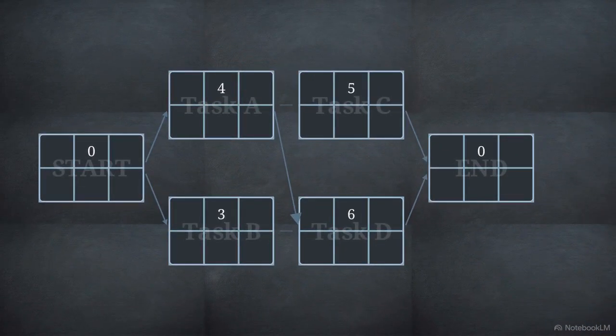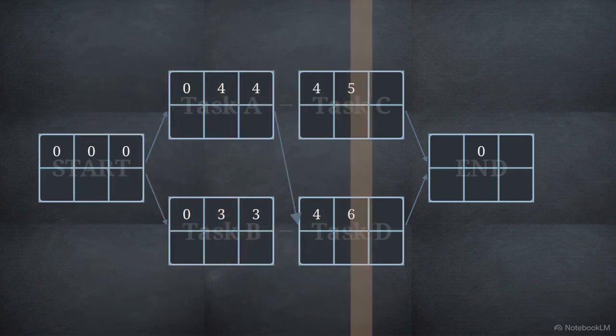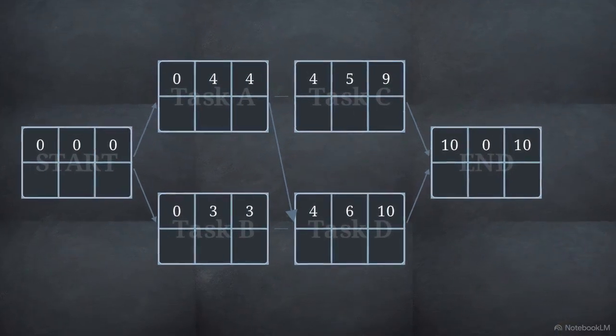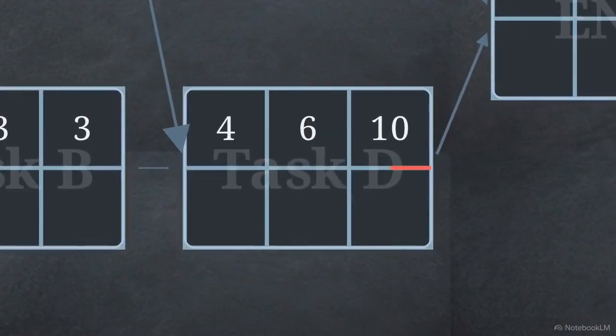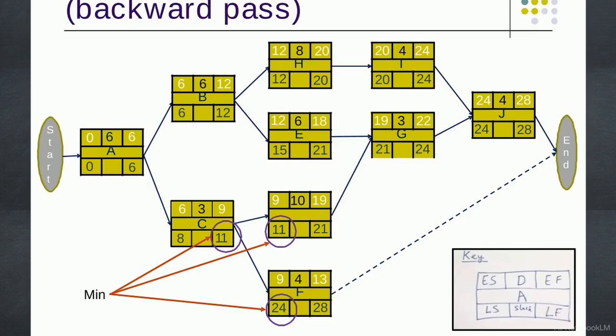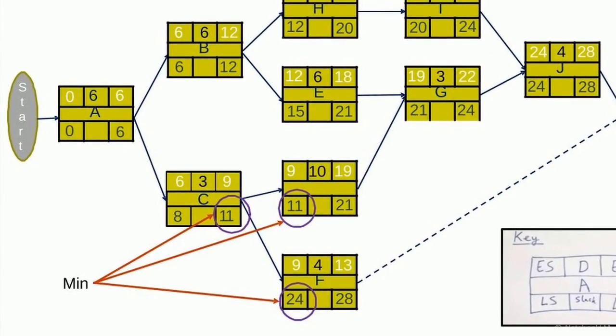By executing a forward pass from the start node to the end node, we add the expected durations together to calculate the absolute earliest a project can finish. Then we look at the bottom row, which tracks the latest start and latest finish times. This completed diagram illustrates the backward pass. Starting from the final project deadline on the far right, we subtract durations moving left, finding the absolute latest each task can start without causing a delay.